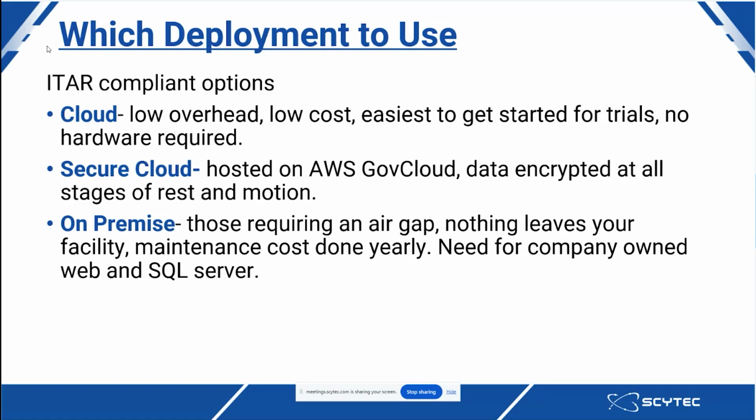Those are just a few of the control types that are supported very easily. And we have people that are up and collecting information in under a half an hour with our commercial cloud offering.